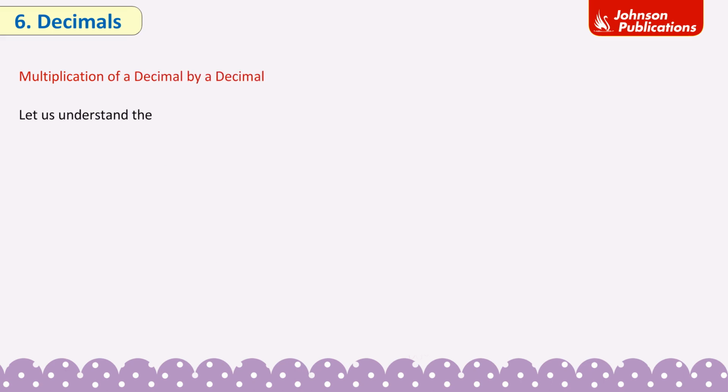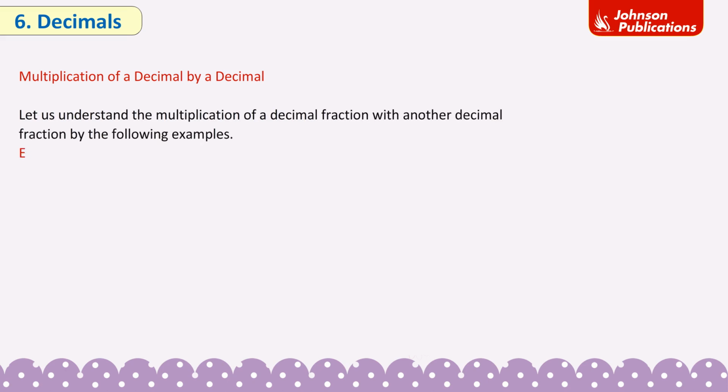Let us understand the multiplication of a decimal fraction with another decimal fraction by the following examples. Example 4. Multiply 7.25 by 3.4. Solution.